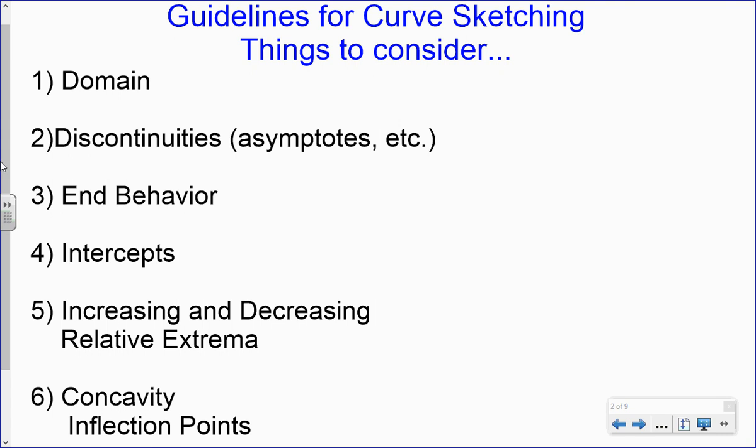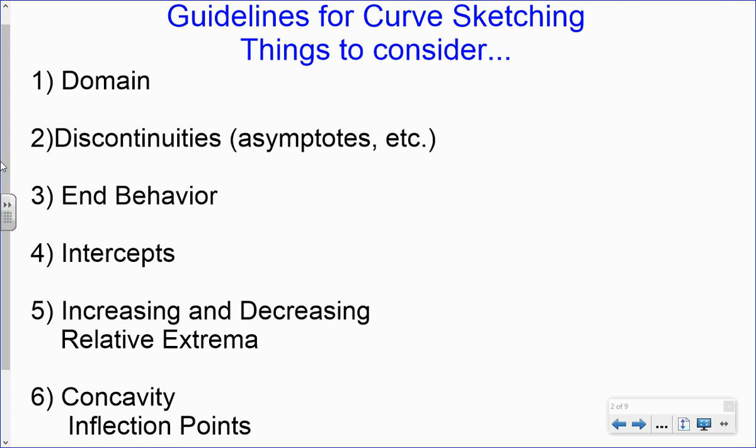Okay. Now, these first 4 things deal with previous material, domain, that's pre-calc stuff, okay? Hopefully, we can talk through that. That will be one of the least of our worries, okay?